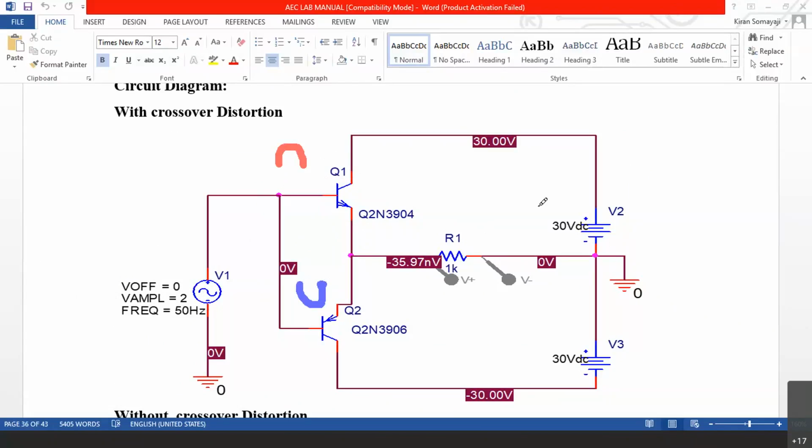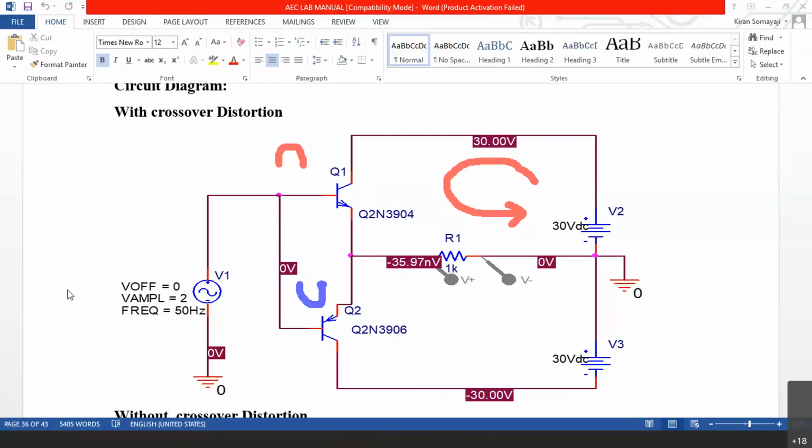Now to Q1, a separate power supply is given. Let me change the color. This is in the positive half cycle. For Q1, whenever there is an input positive half cycle, then Q1 conducts, and from the collector of Q1 to the emitter of Q1 current flows, that flows through this load R1.